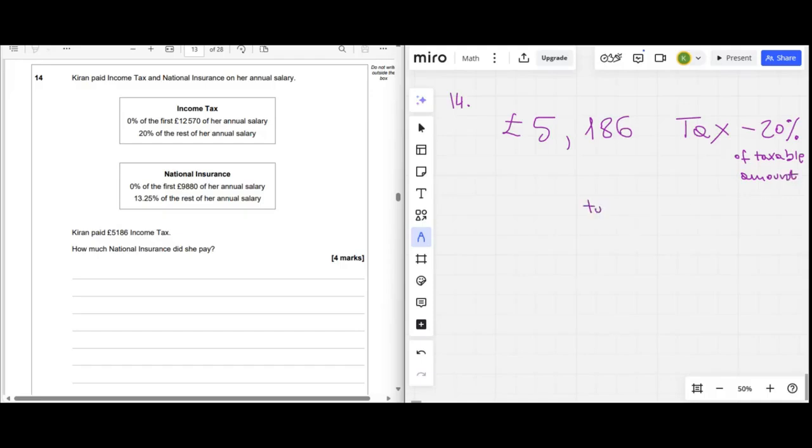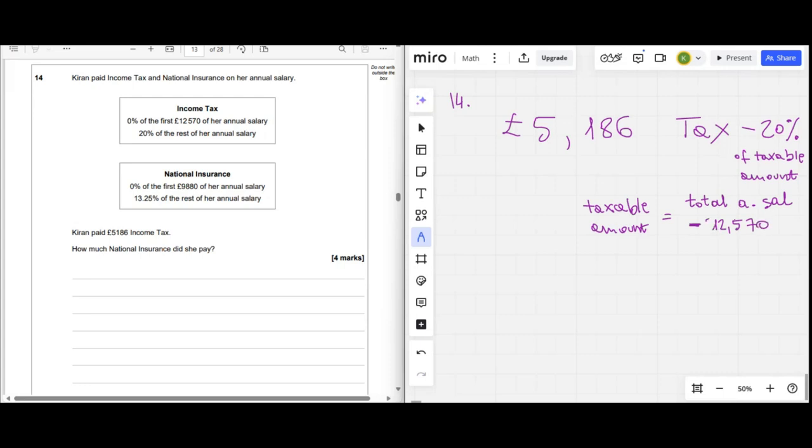And that taxable amount is her total annual salary minus the tax-free amount being 12,570.